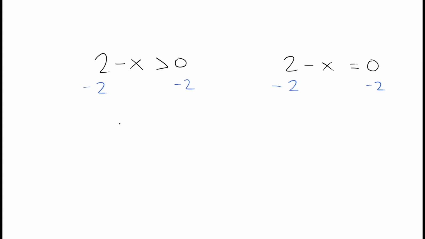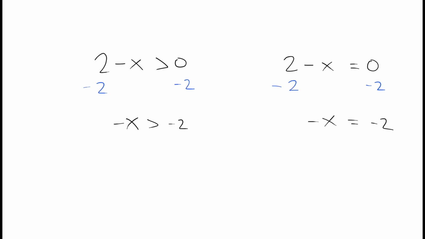So if I had something like 2 minus x is greater than 0, and then compare that to what you would do with 2 minus x equals 0. For subtraction, there's really not much difference between inequalities and equations. Either way, we'd get negative x on the left and negative 2 on the right.